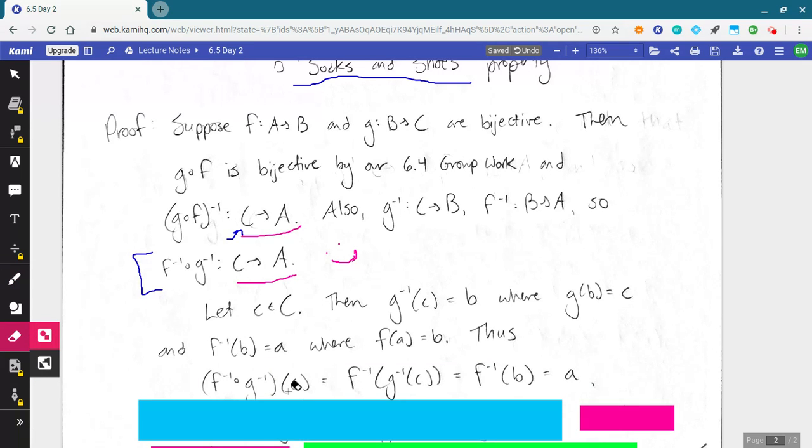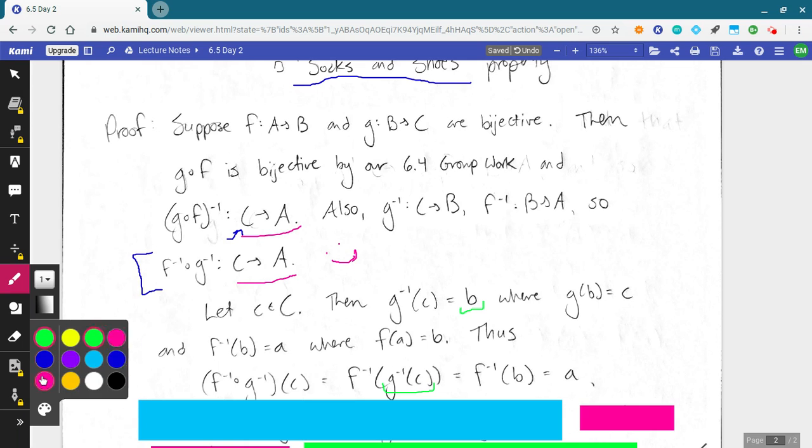F inverse composed G inverse of C, by definition of composition, is F inverse of G inverse of C. But G inverse of C equals B, so we can substitute that in to get F inverse of B. But F inverse of B equals A, and so let's substitute that and see that we get A. So that's the output of plugging our input into our function.